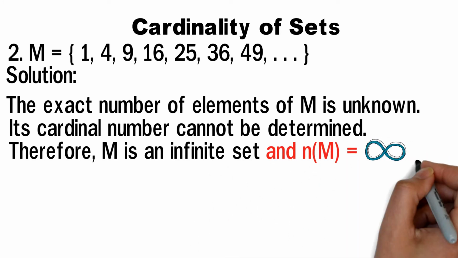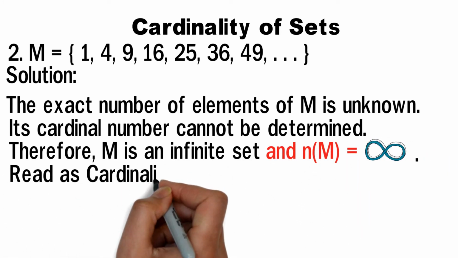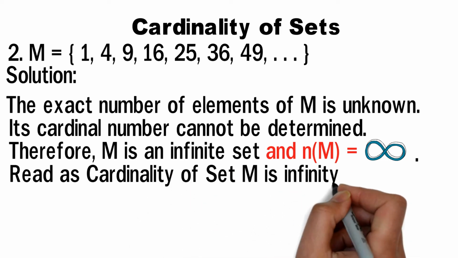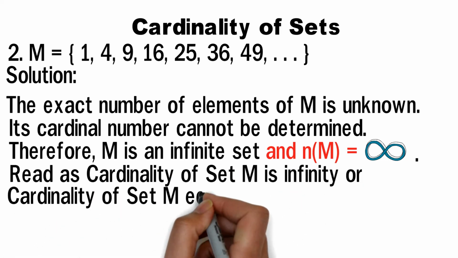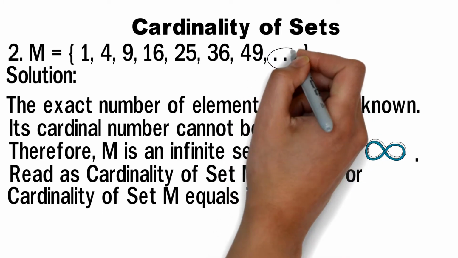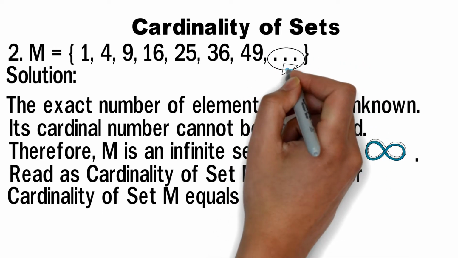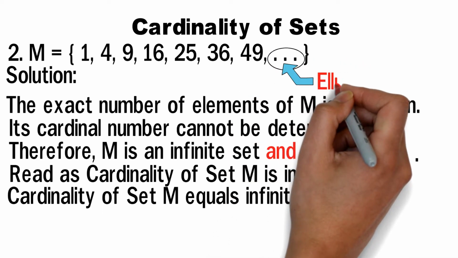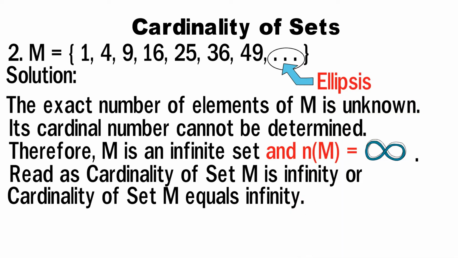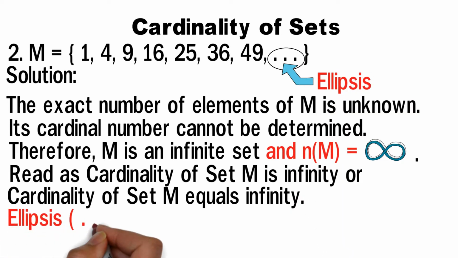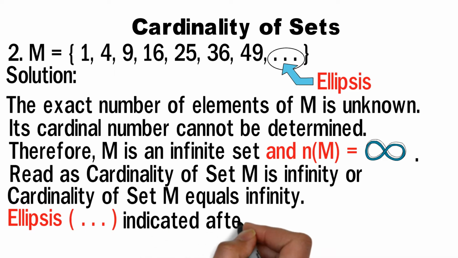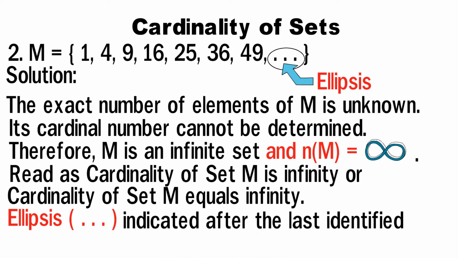And it can be written like this. Pwedeng basahin as cardinality of set M is infinity or cardinality of set M equals infinity. Ang tatlong tuldok na nakita mo sa dulo ng element ng set M ay tinatawag na ellipses. Ellipses, indicated after the last identified element, means that there are other elements of the set.